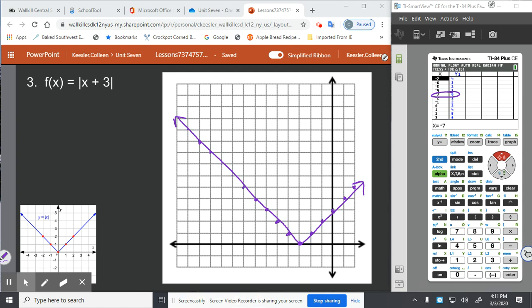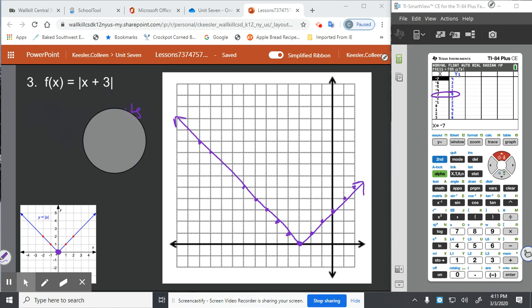This looks very similar to our original absolute value function, but the only difference is, if you pay attention, here our vertex is at 0, here our vertex is at negative 3. So this indicates that the function was shifted 3 units left. Even though it says plus, it does the opposite and goes to the left.